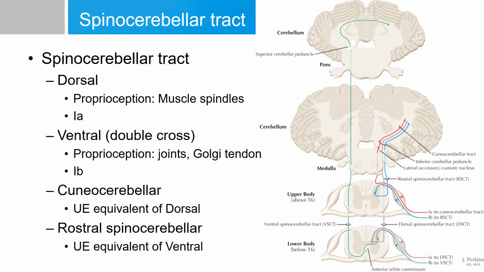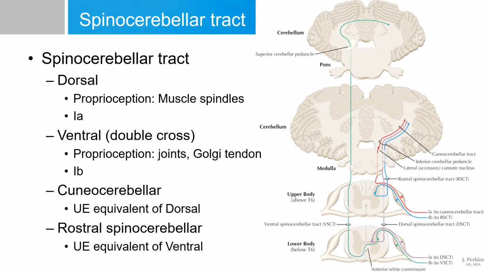And here is a summary figure of their general pathways, and we'll go over each one in detail. Notice how every tract ascends through the spinal cord and the brainstem ipsilaterally, except for one tract, the ventral spinocerebellar tract, which crosses only to cross again within the cerebellum back to the ipsilateral side.